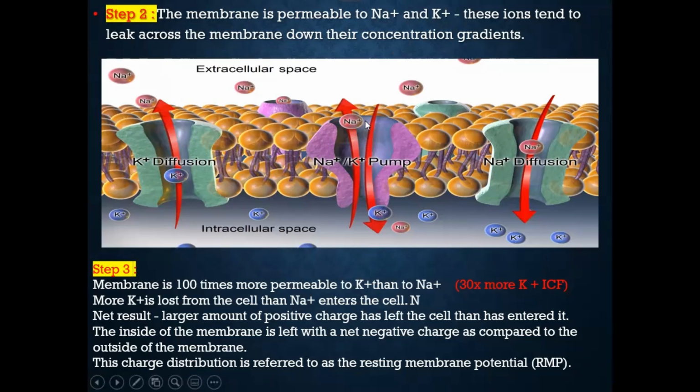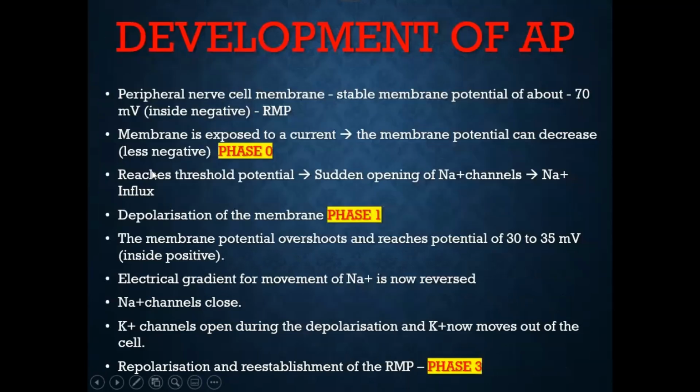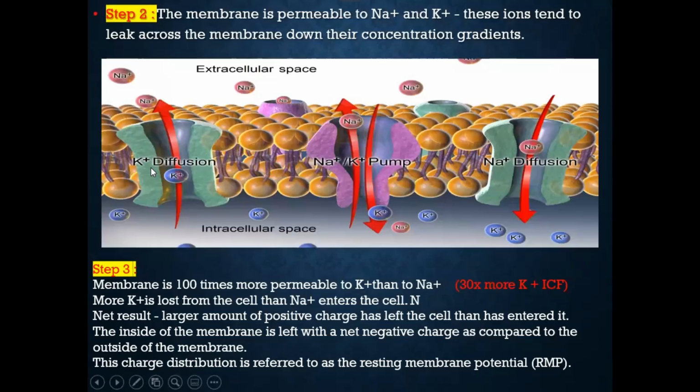One is the sodium potassium pump, which pumps 3 sodium outside and only 2 potassium in. The other is diffusion, in which potassium permeability is much higher compared to sodium, and the concentration gradient for potassium is also much higher than for sodium.